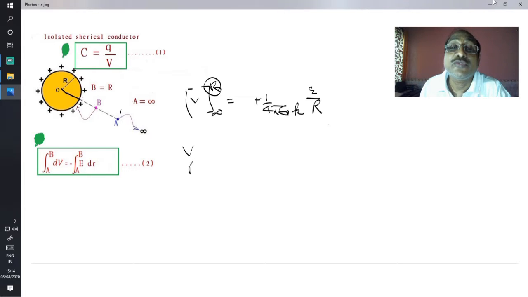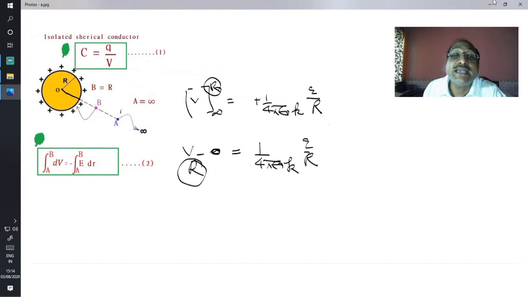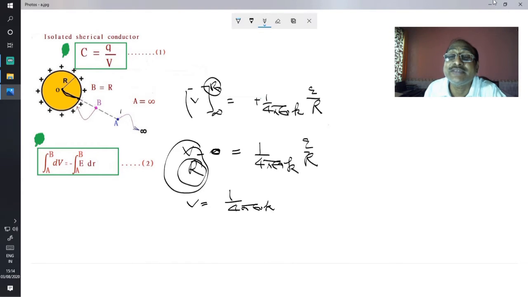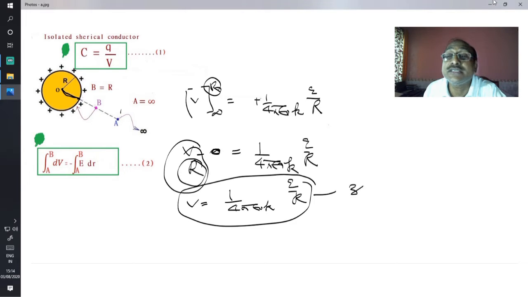Suppose the potential at the surface be V_R, and at infinity it is 0, so it equals 1 by 4 pi epsilon naught K Q upon capital R. Suppose instead of V_R we write simply V, then we find V equals 1 upon 4 pi epsilon naught K Q upon capital R. This is equation 3.